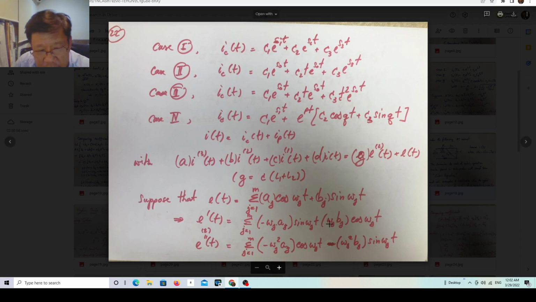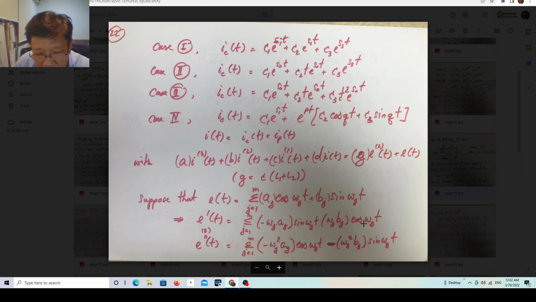With a similar spirit, you can easily show the second order of e(t). When you find the derivative of another sine, you get cos. The minus sign is still there because the derivative of sine doesn't give any change of the sign. But omega j becomes omega j squared, because when you find the derivative of the angle again, the omega j comes out and multiplies the previous coefficient here.